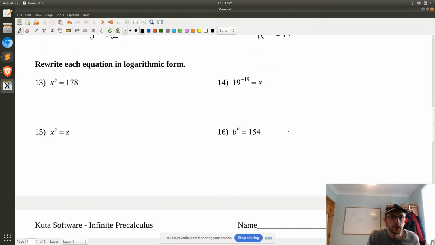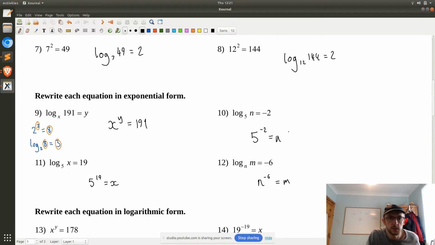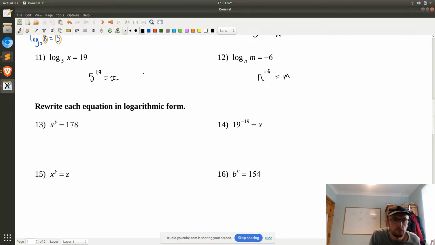And then finally in logarithmic form, but we must check all of these. The ones above are correct. That's all fine. Finally, in logarithmic form here. Log base x of 178 is y.